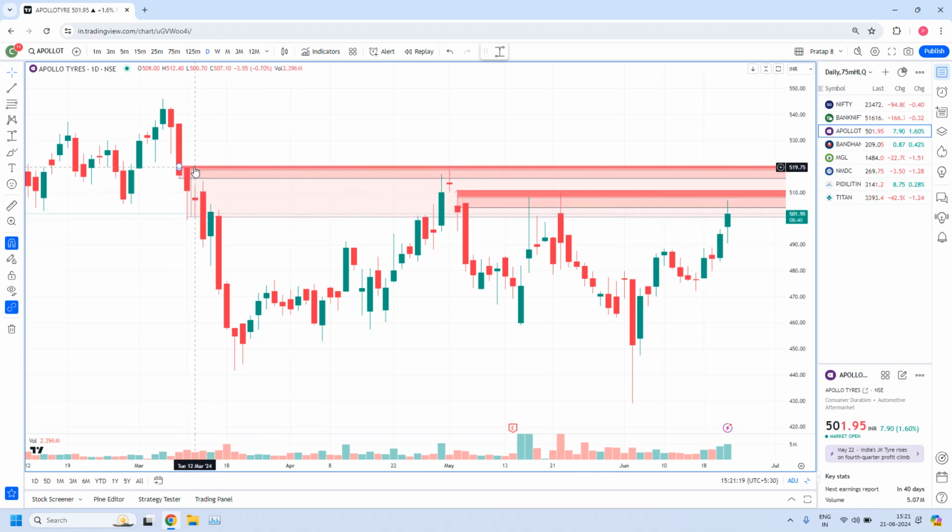In rally based drop, you have to use up to the higher wick of the leg-in candle. That's why this is the zone. If you consider this as a drop based drop, you will be drawing the zone something like this. So that way this zone will be violated.